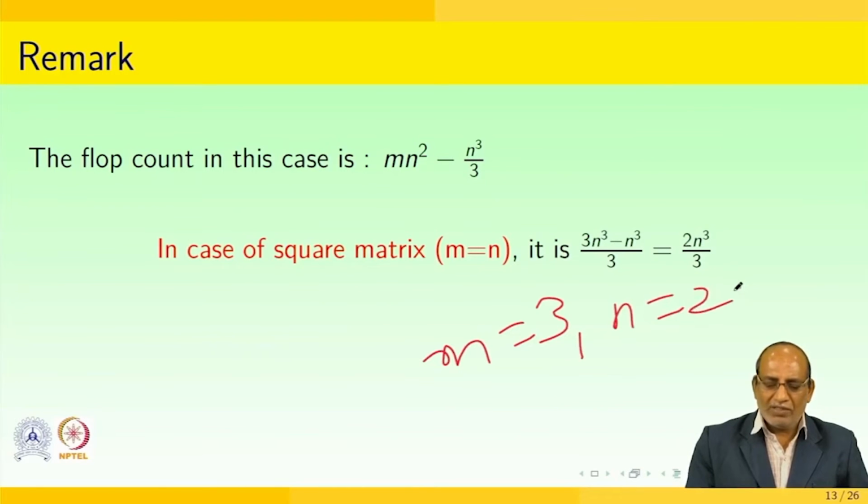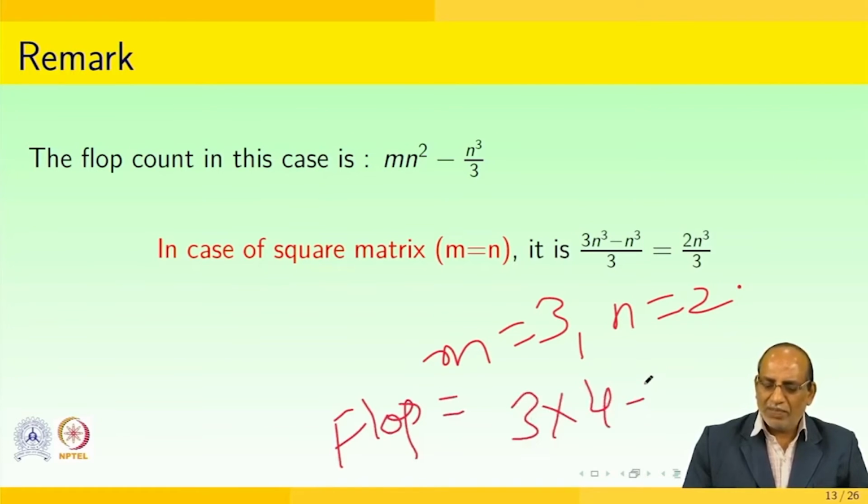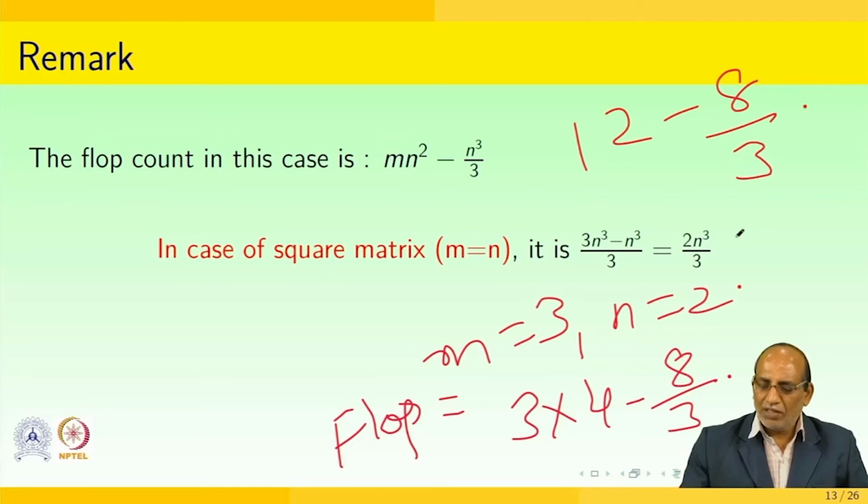That means the flop count turns out to be 3 times 4 minus n cubed, that is 8 by 3. So that means 12 minus 8 upon 3. So 36 minus 8 by 3, that is equal to 28 by 3.